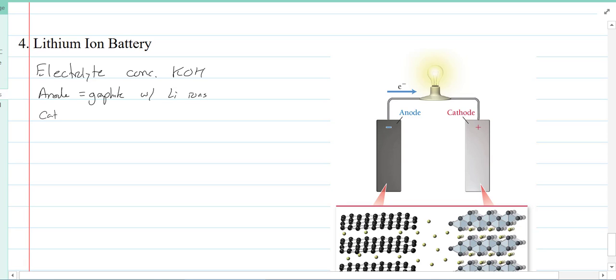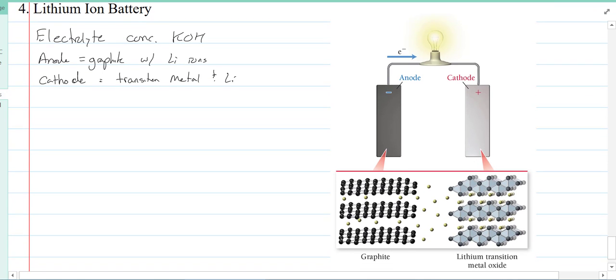The cathode is a transition metal and lithium. Right? It's a metal oxide. So again, there's charge and discharge, right? It works on lithium ion migration from the anode to the cathode. All right. It's beyond the scope of the class. It's very advanced stuff. Even me personally, I don't know how they work.